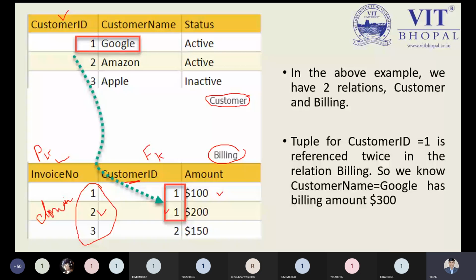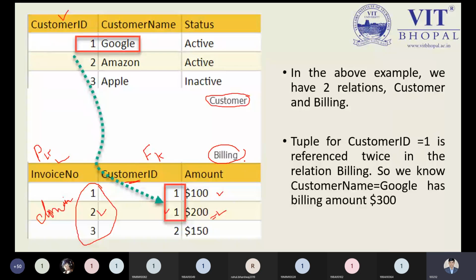If we need to find how much amount was taken by such a customer, Google, we can say 100 plus 200, that is 300. By applying the sum function, we can check this operation. And of course in the coming days we have aggregation functions, and through them we will implement such things in queries.